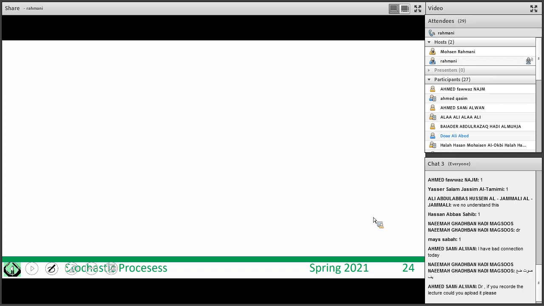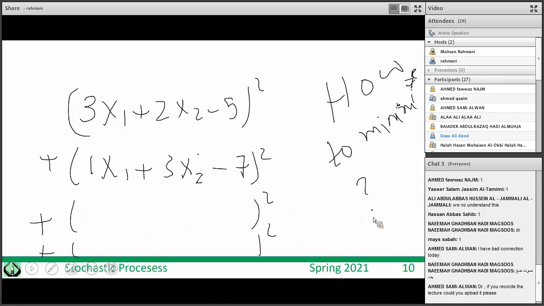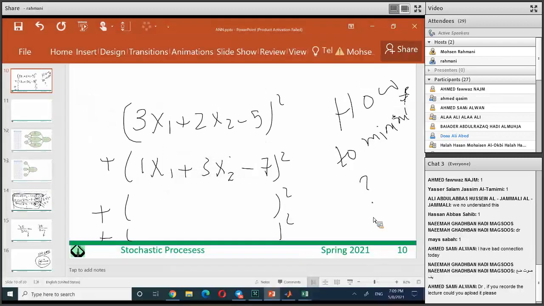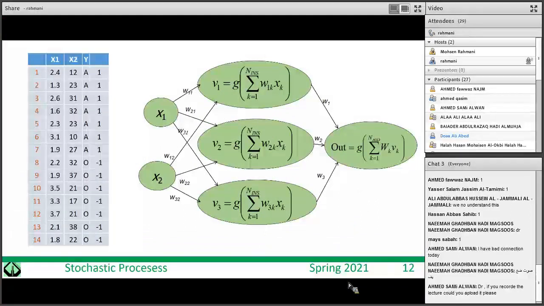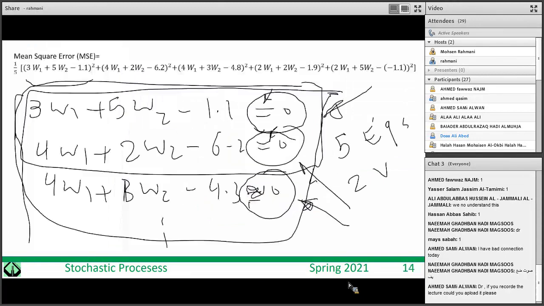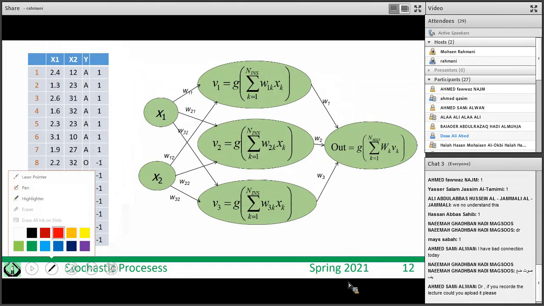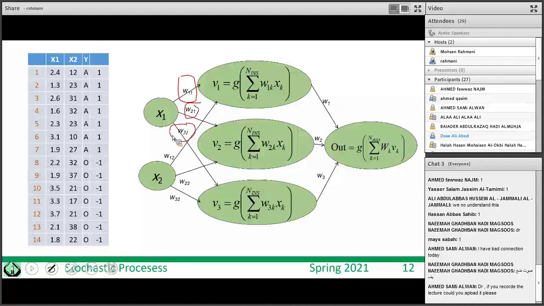If we have a more complex neural network, for example, if I have such a neural network, we have many weights to calculate, and the formula will be more difficult.